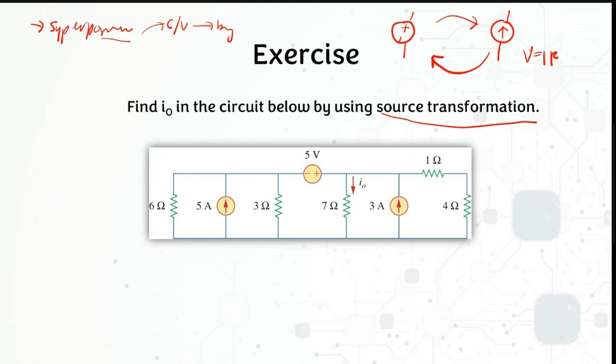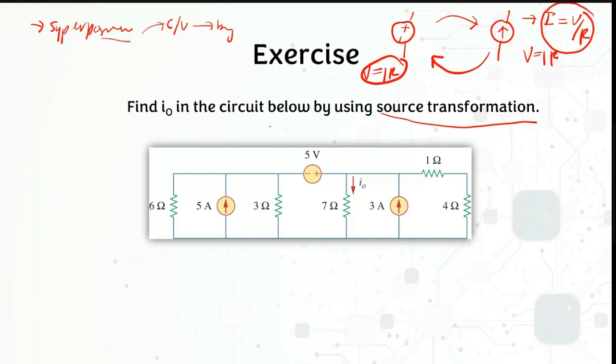If you have a voltage and want to transform it to current, I equals V over R. When you want to transform from current to voltage, V equals IR. Just remember this for source transformation, and then it depends on what the circuit asks you to calculate.